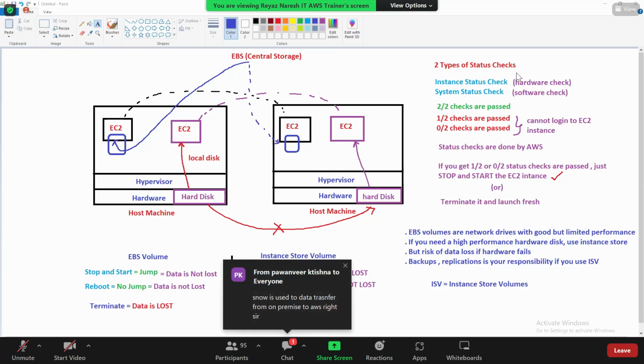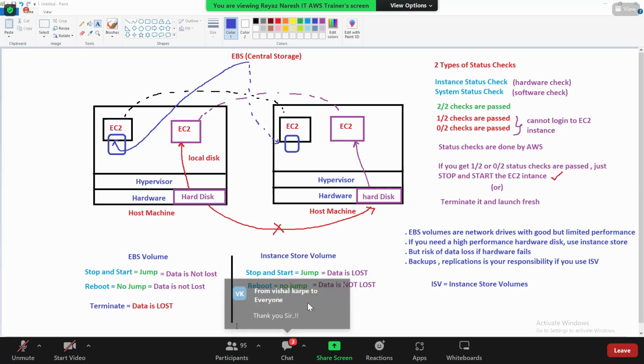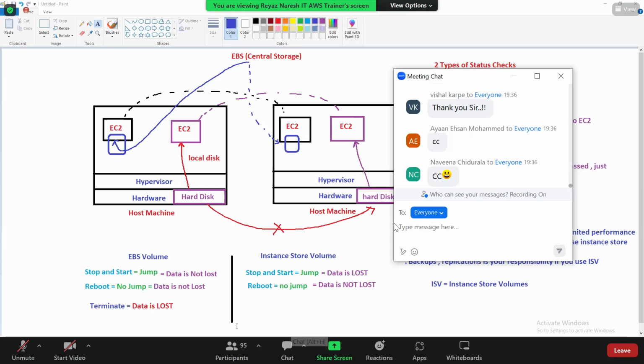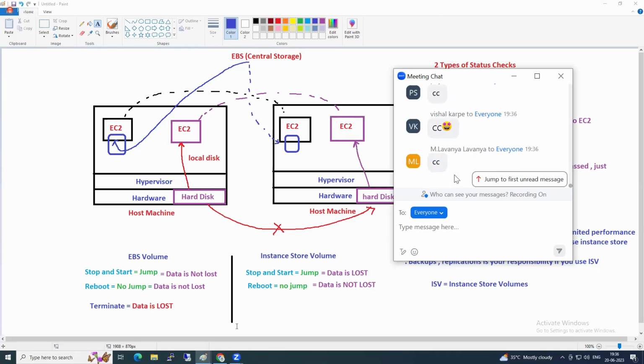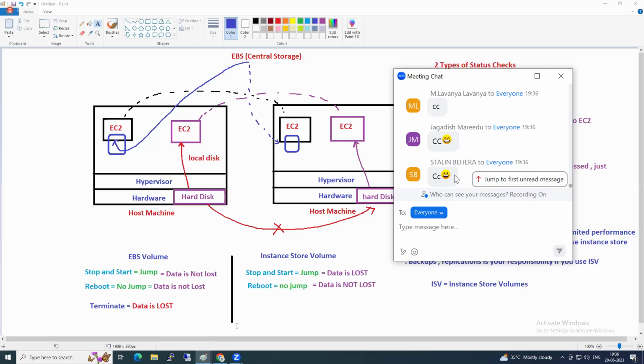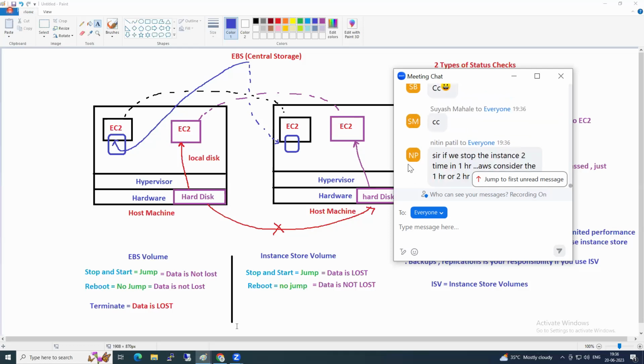Can I give the final CC for today? It can do both, vice versa. CC with smile, please.